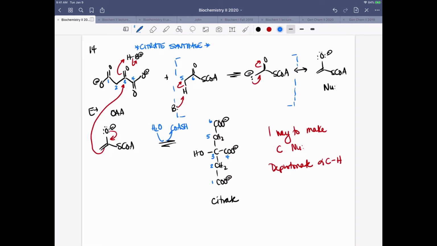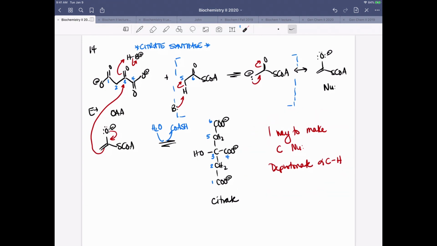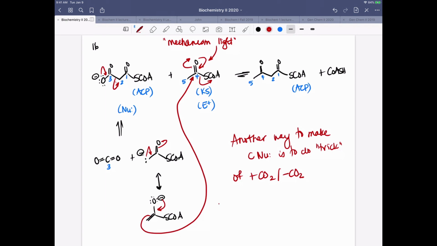So again, why did I have you do all of these? Remember, we talked about one way to make a carbon nucleophile, which is to deprotonate the alpha carbon's hydrogen. Another way to make a carbon nucleophile is to do our trick of plus CO2 and then minus CO2. So remember, when we had acetyl-CoA here, we used the enzyme ACC to make malonyl-CoA by adding CO2.